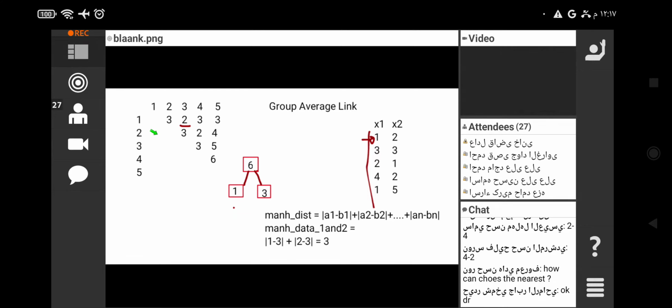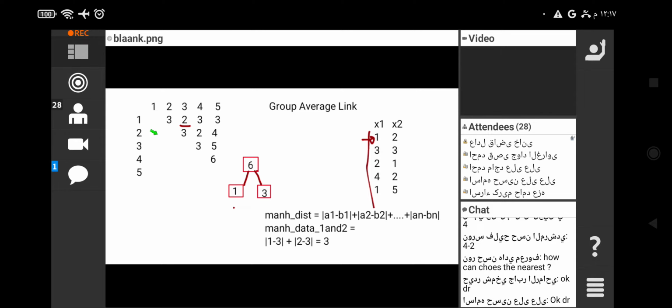The clusters that are left are clusters 2, 4, and 5, because clusters 1 and 3 were combined. So we want to find the distance between cluster 6 and cluster 2.